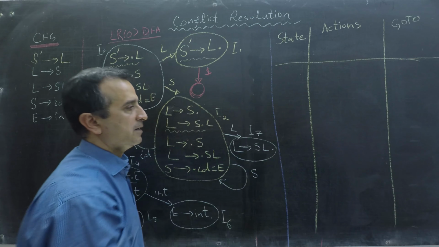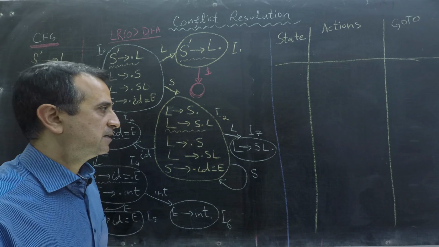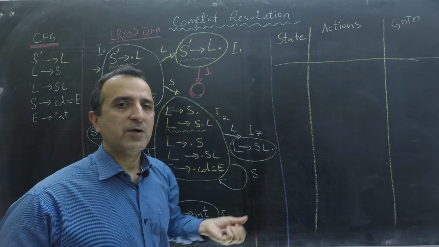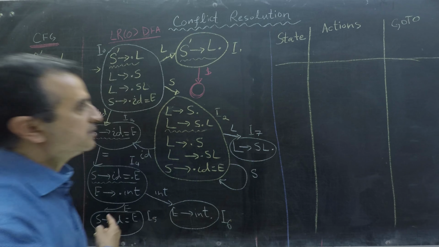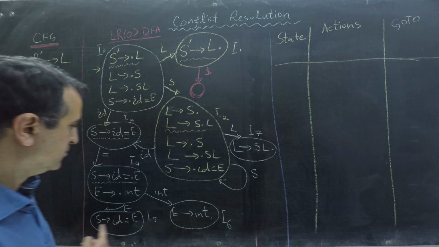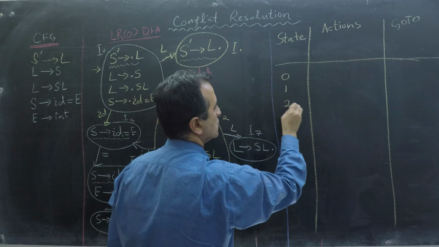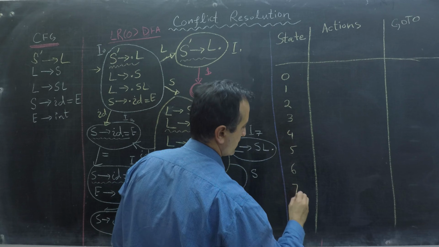In the state part, we will write numbers of all the states. I could write here I0, I1, but I prefer to write only integers. So we have 8 states, so I will write 0, 1, 2, 3, 4, 5, 6 and 7 here.